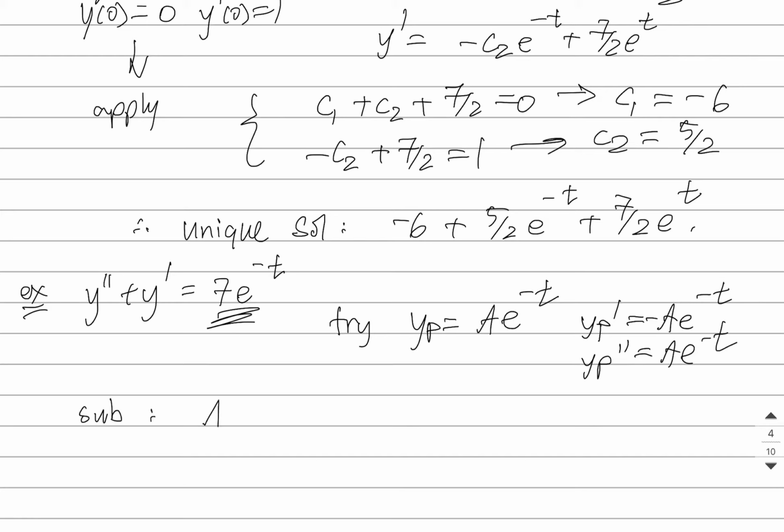When I substitute everything in, here's what I get: 0 equals 7 e to the minus t.